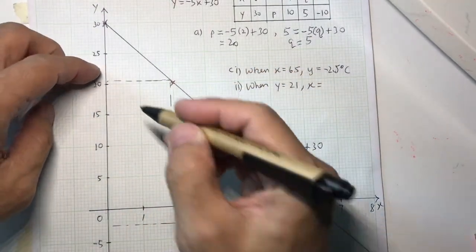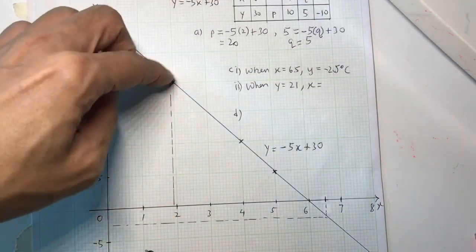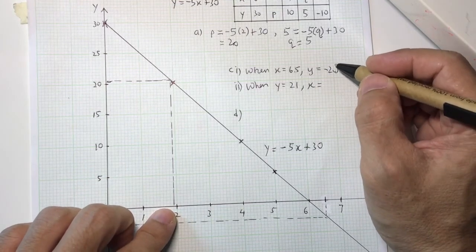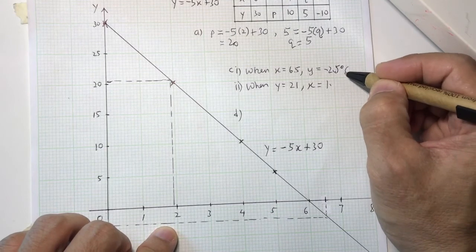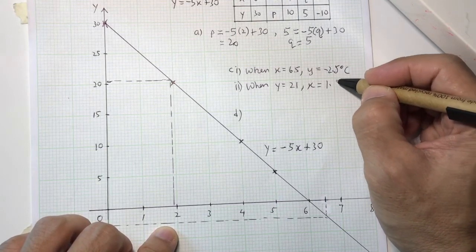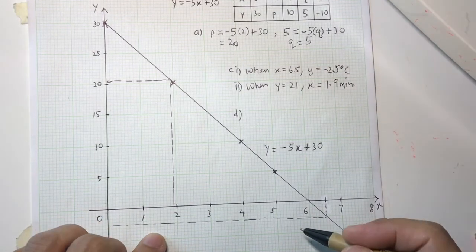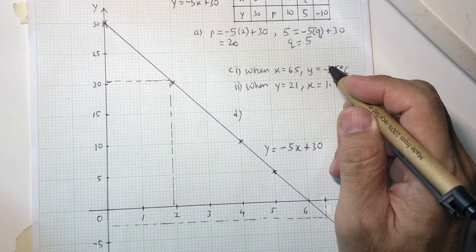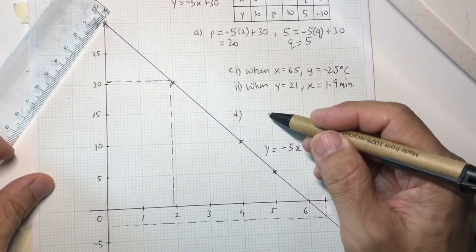Y is 21, draw a dotted line, hit the line and read off the x value, which is 1.9 minutes. Okay, there's a plus minus 0.1 error.